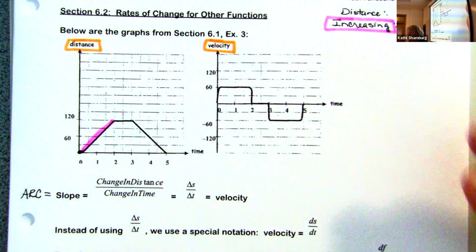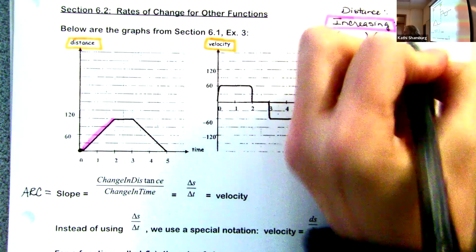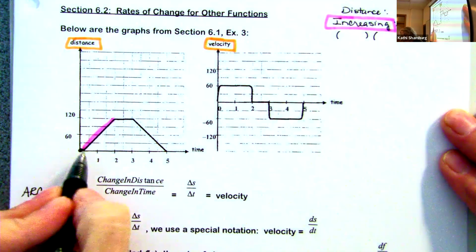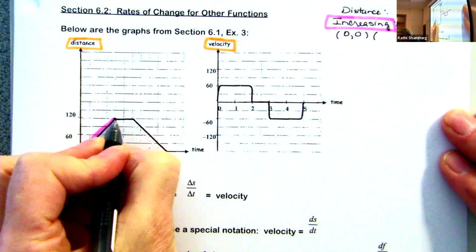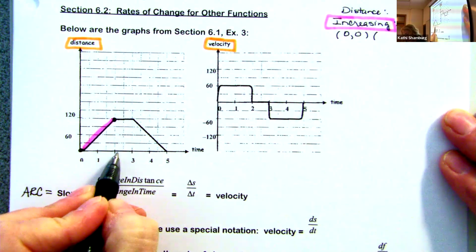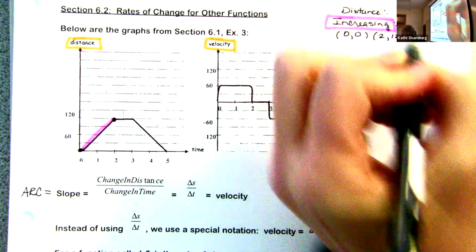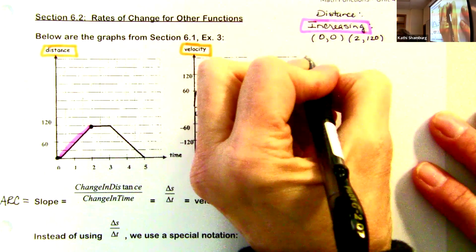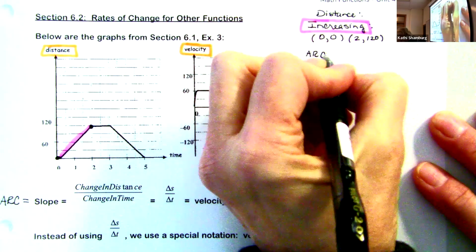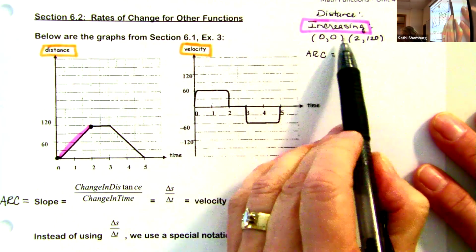All right. Well, if you recall, if you have two ordered pairs, you can calculate the slope. So we start in the corner, which is the ordered pair 0, 0. And then I'm gonna go to the top ordered pair, which is over 2, up 120. The average rate of change is calculated as the change in the function over the change in the variable, and the change in the function is your second numbers.